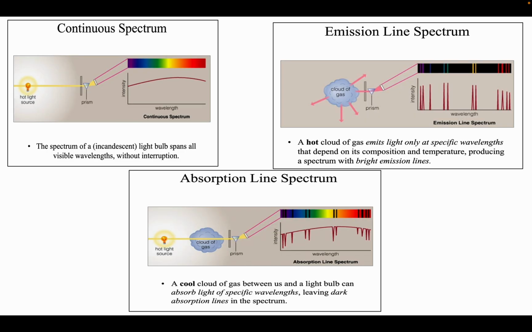And if we have a hot cloud of gas and disperse its light through the prism, we will get spectral lines corresponding to the composition of this gas. For the absorption line spectrum, we have a source, and between the source and the prism we place a cold gas, and then the prism disperses the light and we get the absorption line spectrum.